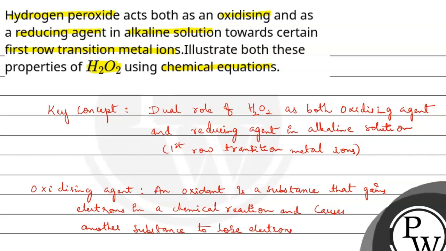So, एक ऑक्सीडेंट और ऑक्सीडाइजिंग एजेंट क्या करता है, खुद इलेक्ट्रॉन गेन करता है बट दूसरे सब्सटेंस को इलेक्ट्रॉन लूज करने में हेल्प करता है. So that is oxidizing agent. So, during the reaction, oxidizing agent is reduced. Therefore, it is reduced during the reaction. So, oxidizing agent खुद reduce होता है बट दूसरे को oxidize करता है.